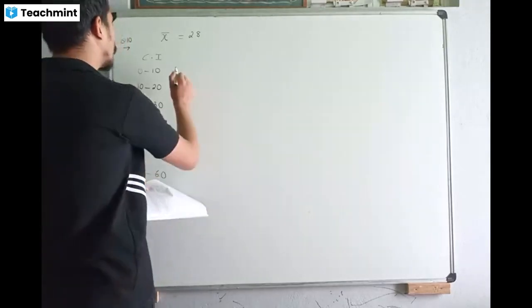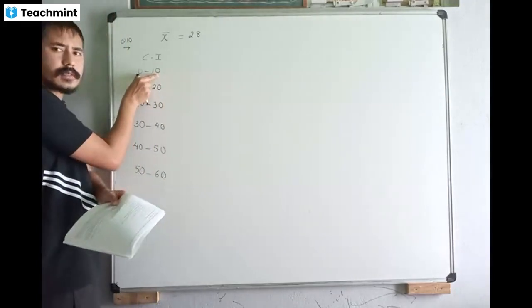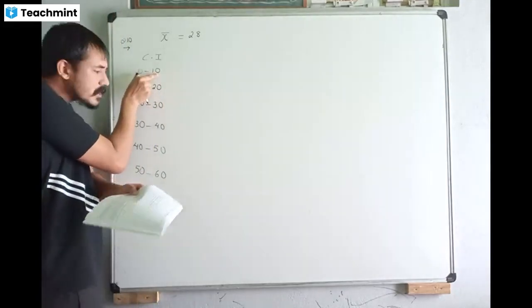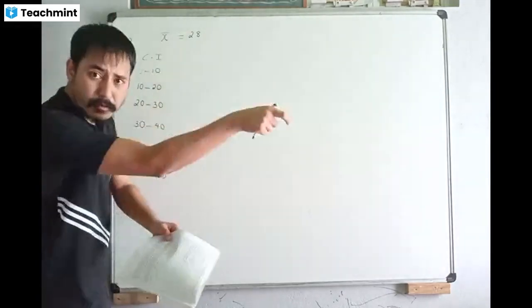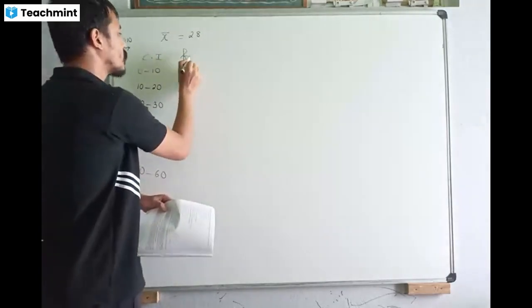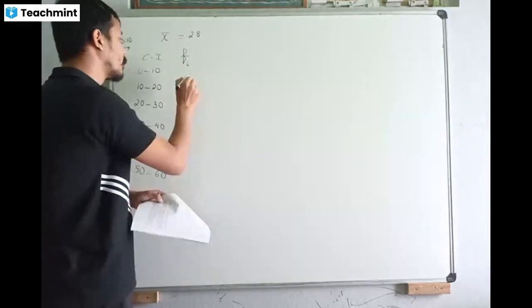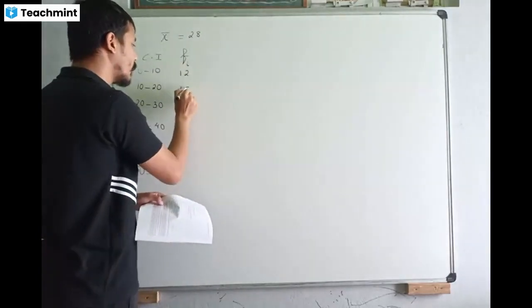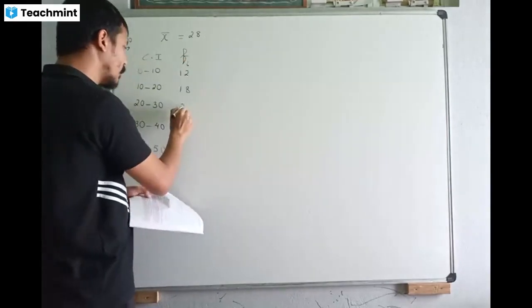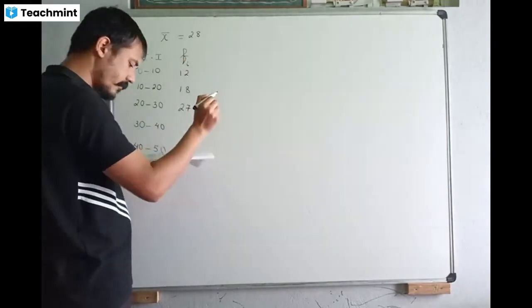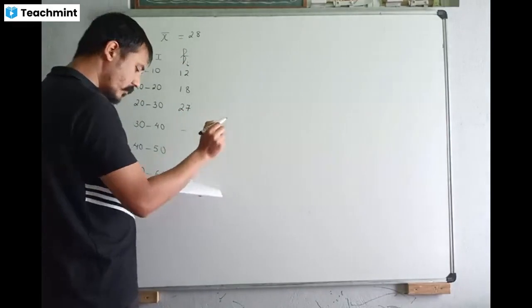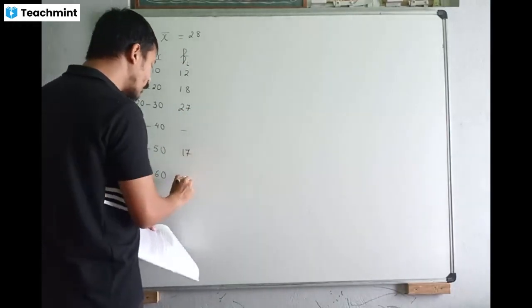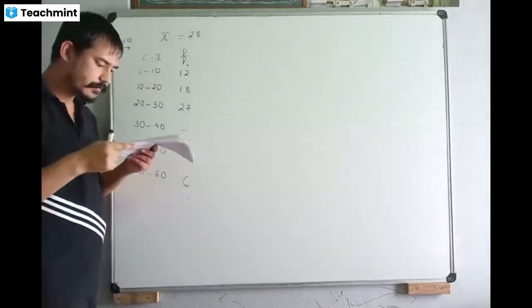And then, how many times the items of this group has occurred? Frequency. So your frequencies 12, 18, 27, unknown, 17, 6.